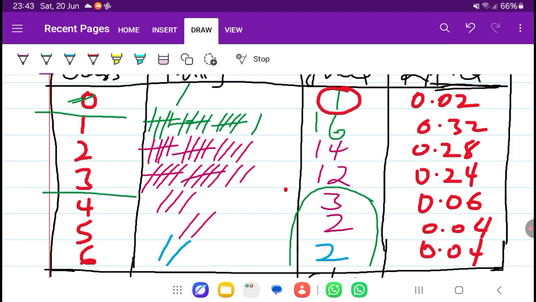So the majority of the people are lying between 1 and 3. But the interpretation here is that at least one person had a television.